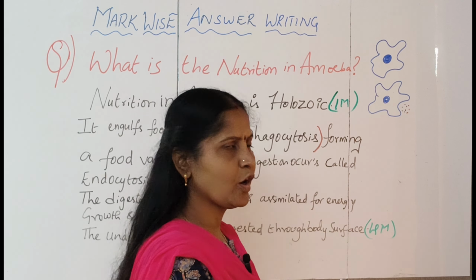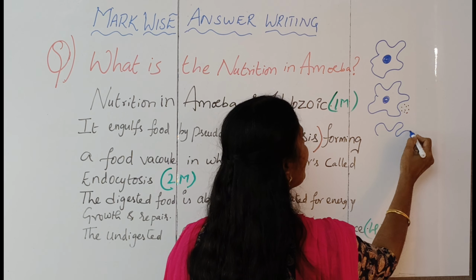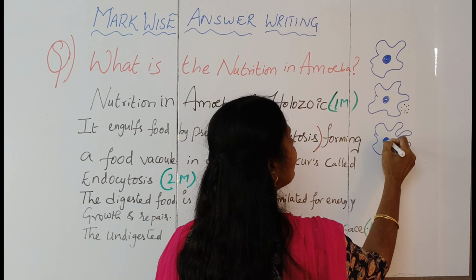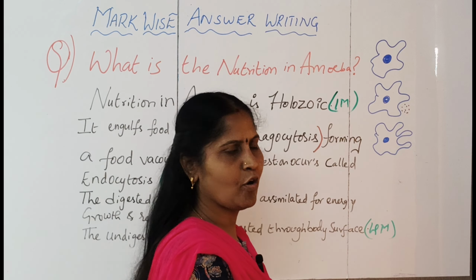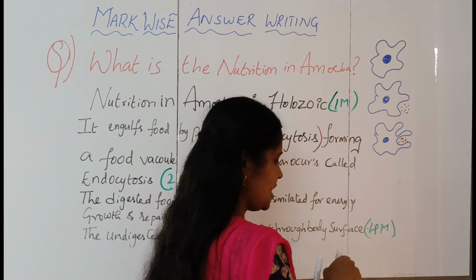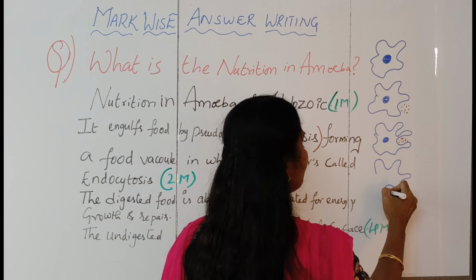In the third stage, you show that the pseudopodia are engulfing the food particles, and the food is drawn inside, forming the food vacuole. So you can draw like this. And in the fourth stage, you can draw the food being enclosed within the food vacuole.